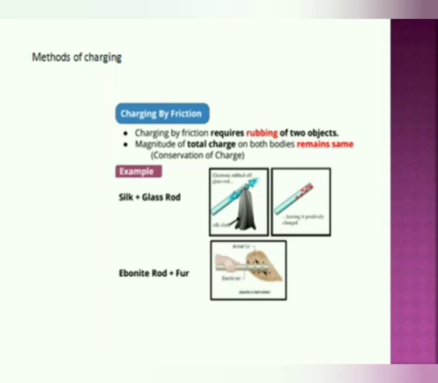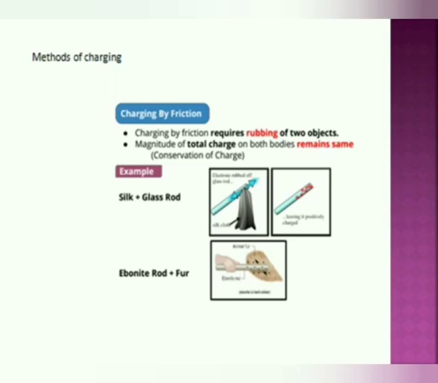Like here you can see the example of a silk cloth rubbed with a glass rod. The glass rod acquires the positive charge and the silk cloth is left negatively charged.